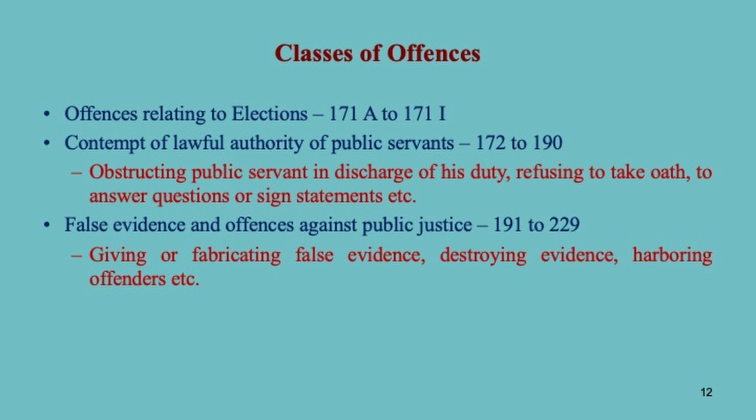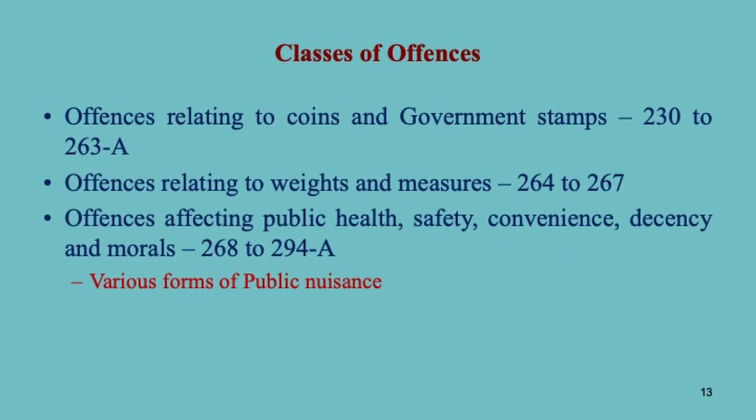Giving false evidence, fabricating false evidence, screening offenders, destroying evidence, etc., are dealt with in this chapter. Chapter 12 deals with offences relating to coins and government stamps, which include counterfeiting coins, possessing counterfeit coins, stamps, etc. Chapter 13 deals with offences relating to weights and measures.